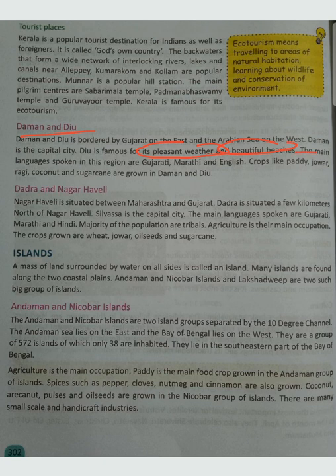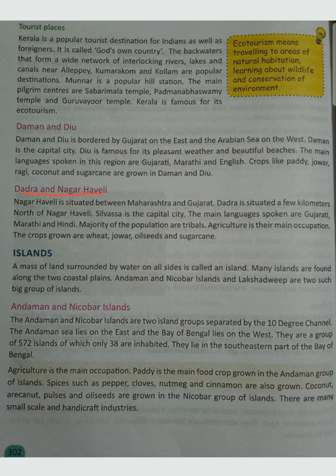The main languages spoken in this region are Gujarati, Marathi, and English. Crops like paddy, jowar, ragi, coconut, and sugarcane are grown in Daman and Diu.